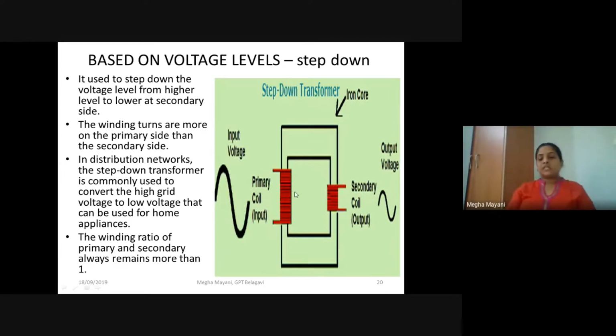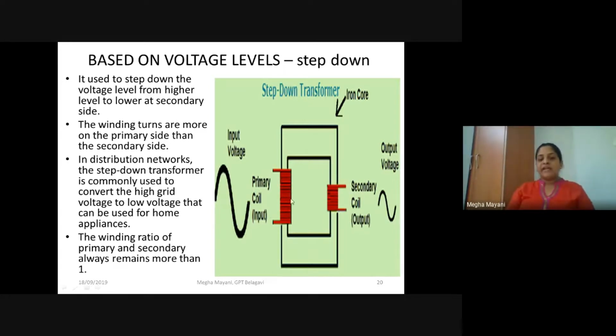So these transformers have more number of turns in the primary compared to the number of turns in the secondary. And these find application mostly in the power distribution networks, where we need to step down the voltages from the grids to the domestic appliances or applications.